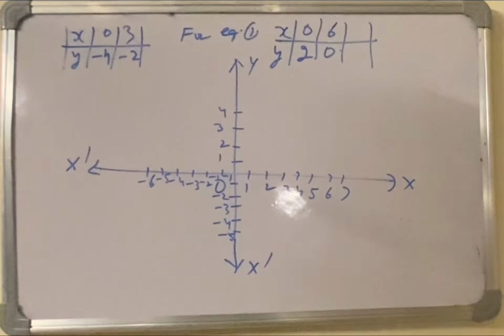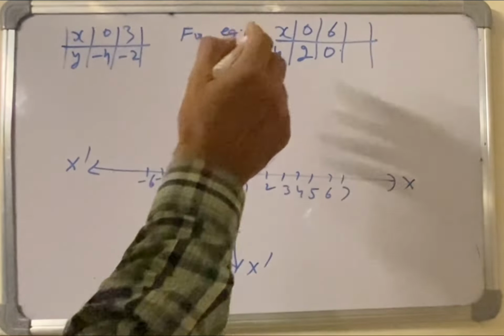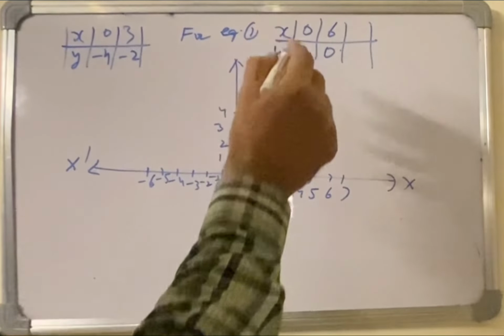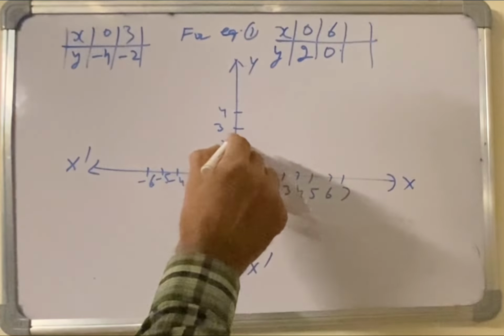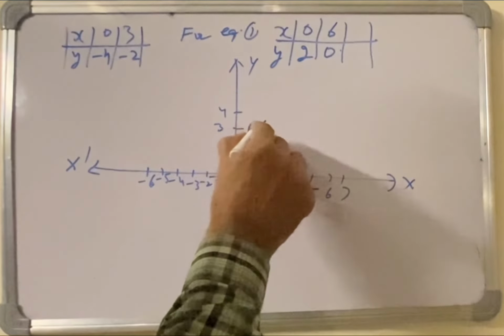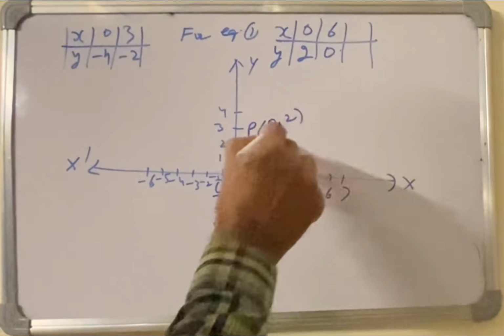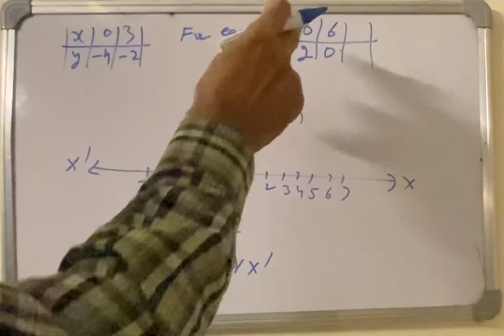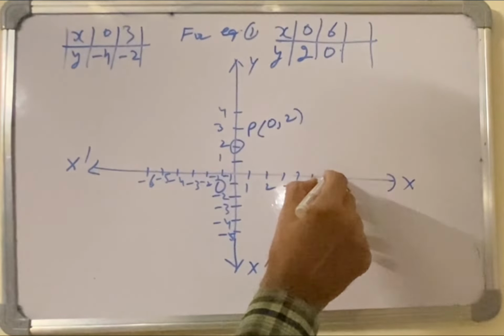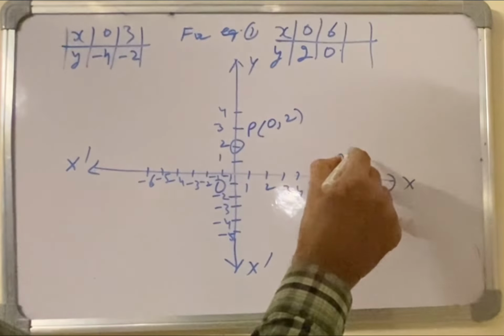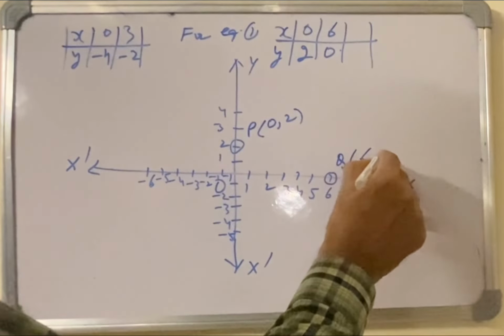Then we plot points for equation 1, x0, y2 is this point P02, and then x6, y0 is this Q60.